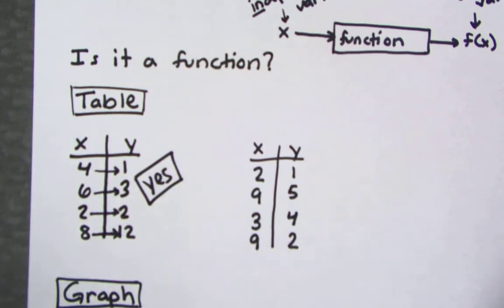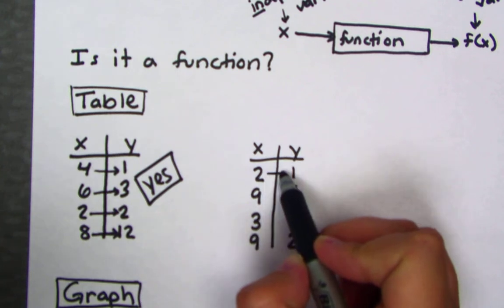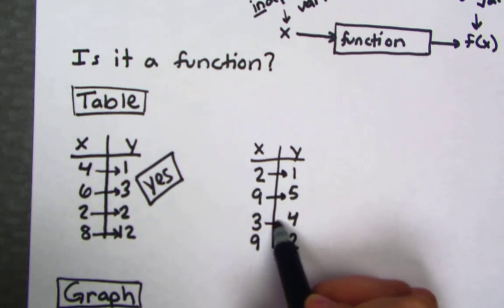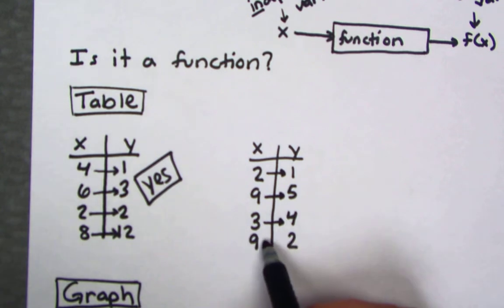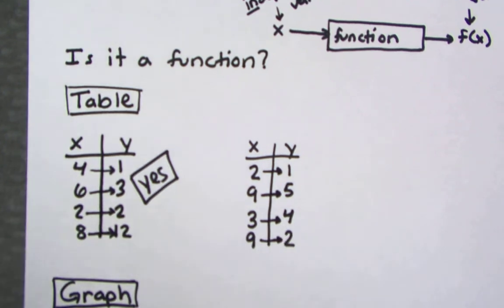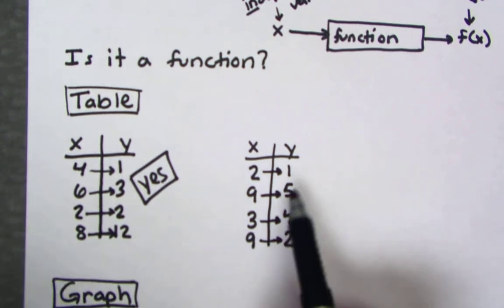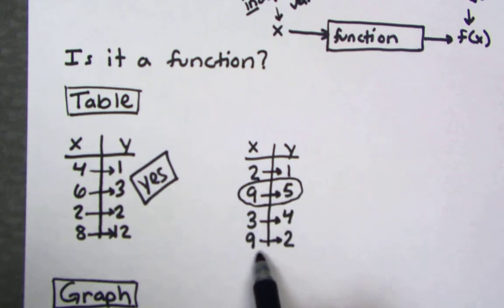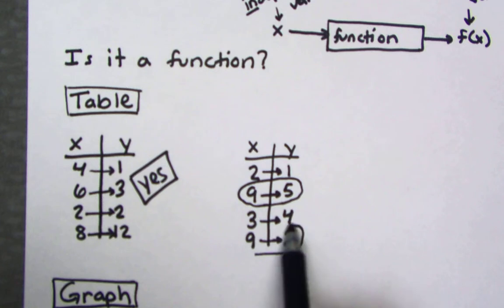Let's look over here. 2 gives 1, 9 gives 5, 3 gives 4, and 9 gives 2. If you notice, 9 is giving 5, and the input value of 9 is giving 2.